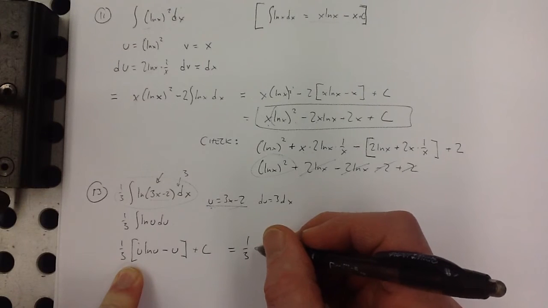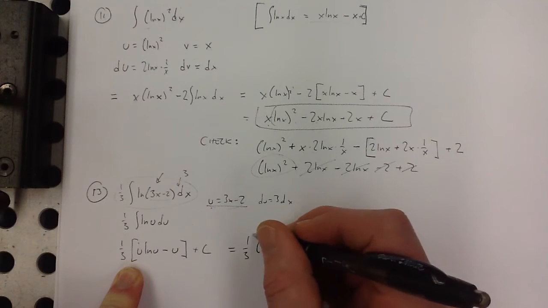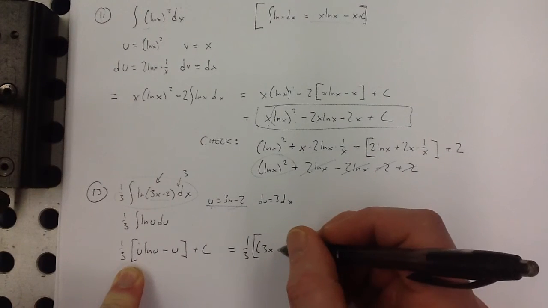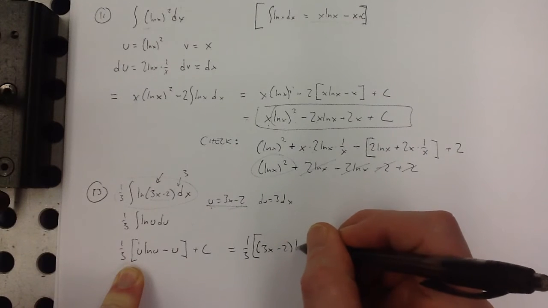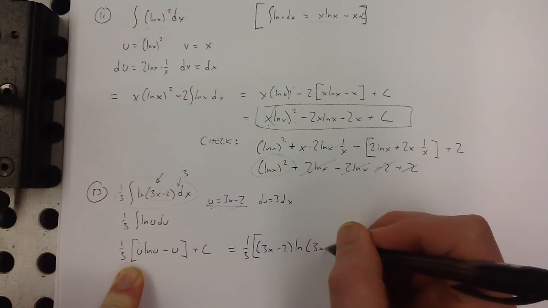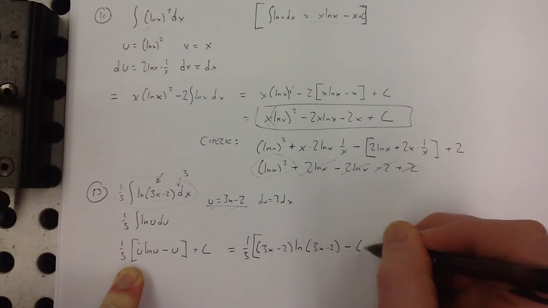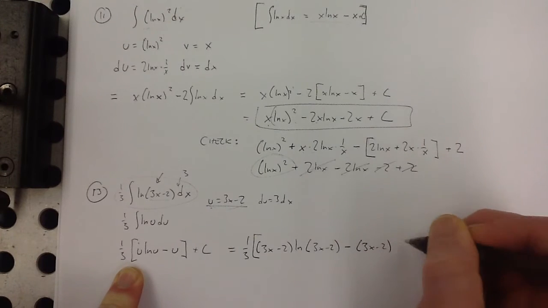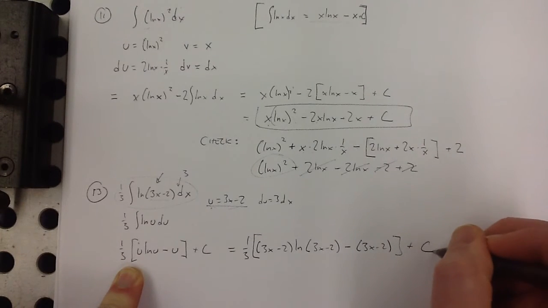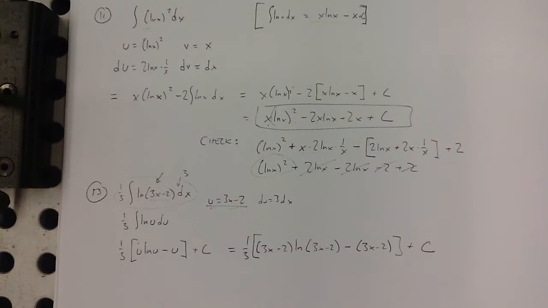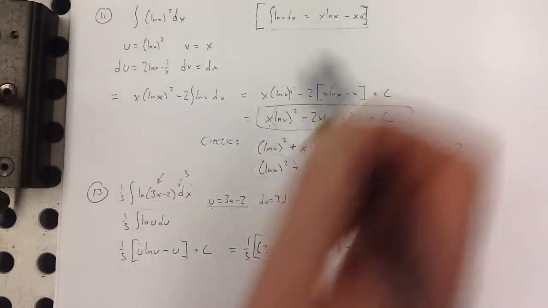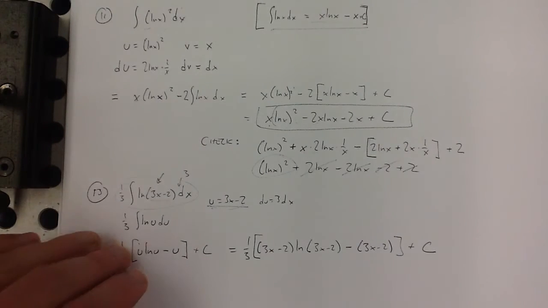So 1/3, I'm just going to leave that 1/3 on the outside, u natural log u minus u plus c. There you go. So I just wanted to show you that one in case you tried to do that the hard way. That is the easy way. Of course, to do it that way, you have to remember or look up that fact there.